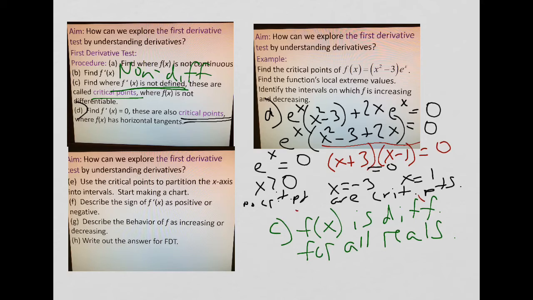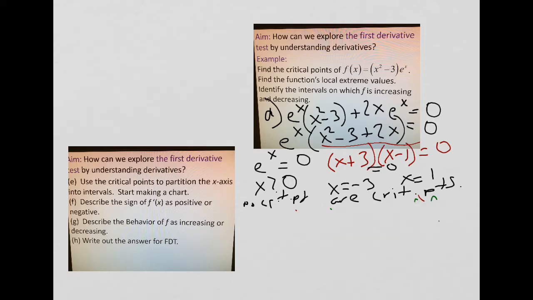So now we're up to part E, and this is where it gets interesting. E is interesting because it's different than we've had before. I kind of insist on making a chart, or at least a clear outline, where you label what your intervals of x are. We have a continuous function.